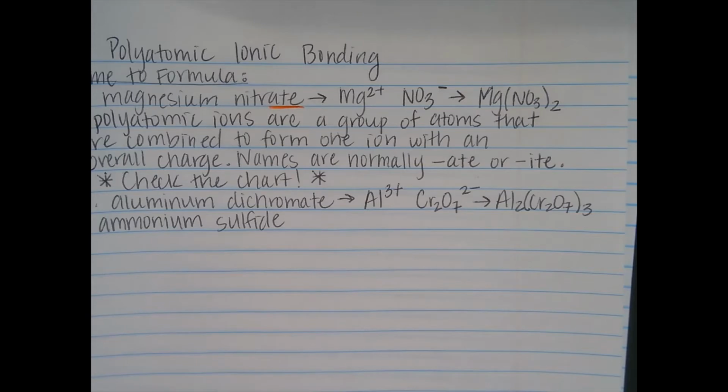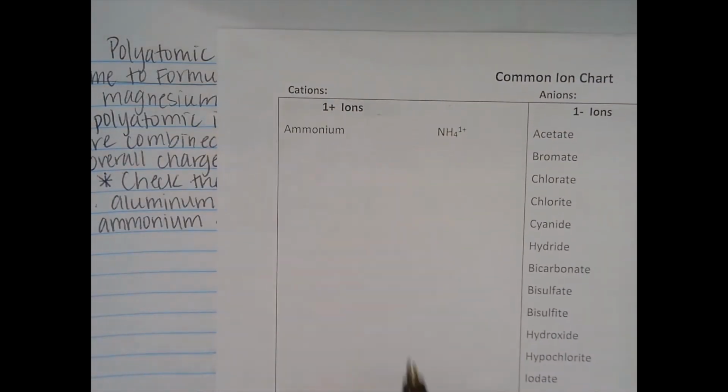There's no element ammonium on the periodic table. And if you're ever not sure, just check the chart first. Now I know that since it's written first, it's going to be a cation. So if I look at my chart, there's only one polyatomic cation that's on our chart, and that's ammonium. And this is NH4, and it has a +1 charge.